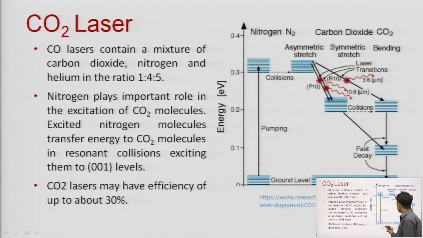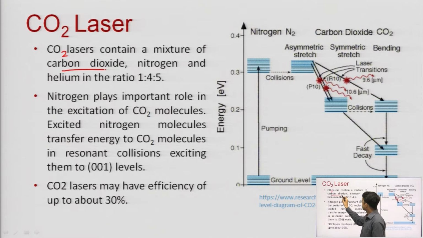Now, this is the energy band diagram of the CO2 laser. The active material in the CO2 laser is a mixture of carbon dioxide, nitrogen and helium. In what ratio? 1:4:5. So, 1 part carbon dioxide, 4 parts nitrogen gas and 5 parts helium. Why nitrogen?